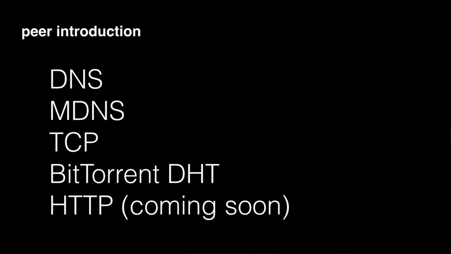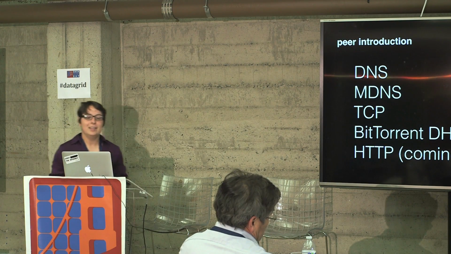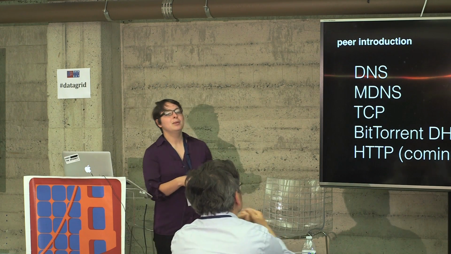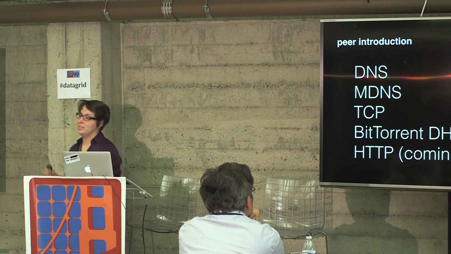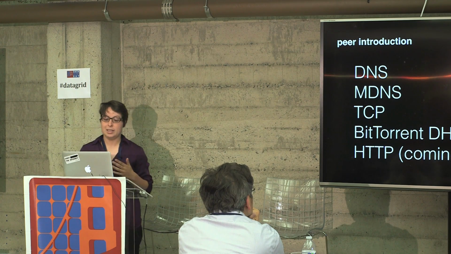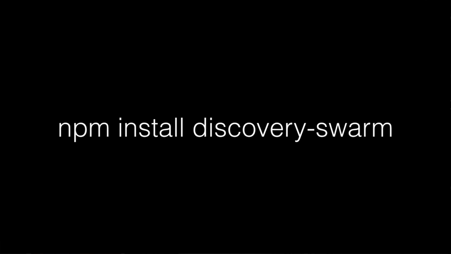But basically, we'll actually have a DNS implementation in Node.js that you can run as a server that will do DNS lookup and try and connect people together, which is really cool because it's a lot faster than trying to use the BitTorrent DHT. And you can use this right now. It's a module on NPM called Discovery Swarm.